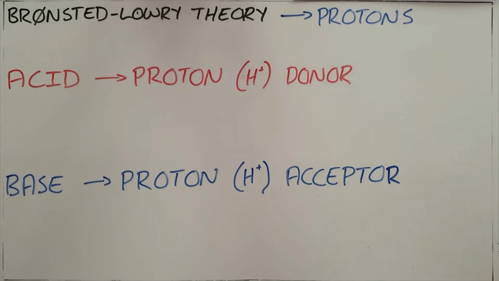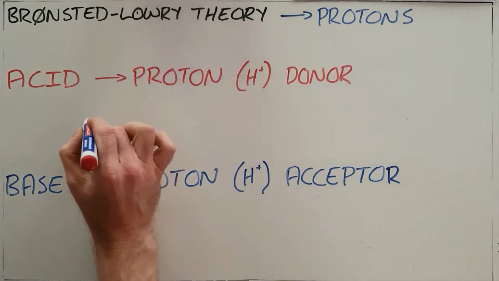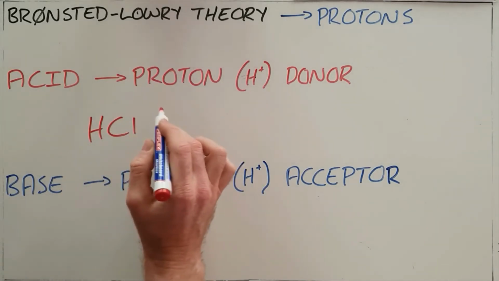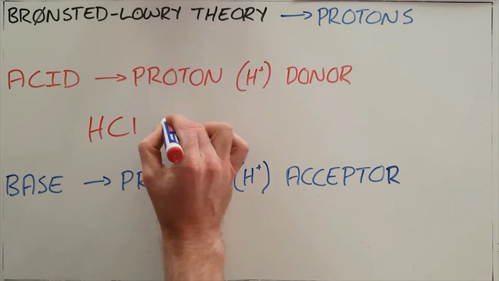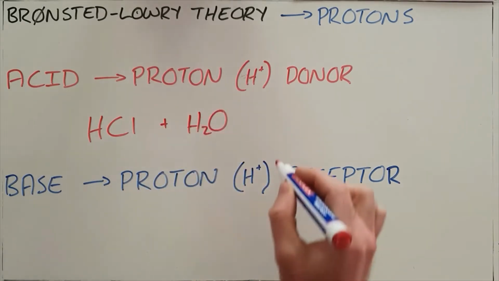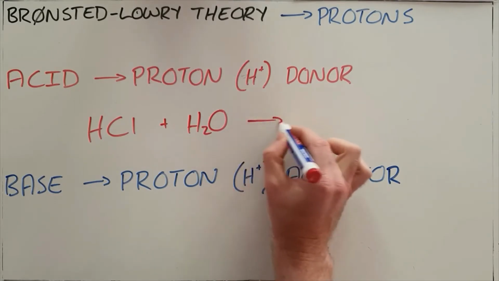We can see that an acid is a proton donor in the following reaction, where we start out with hydrochloric acid and react it with water. In the Arrhenius theory we called this process ionization.